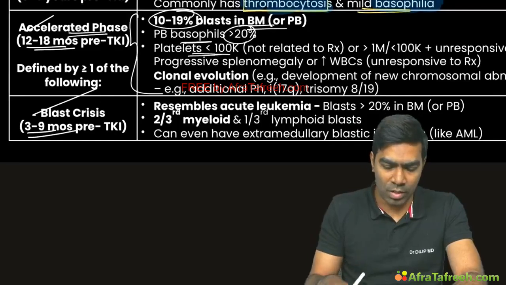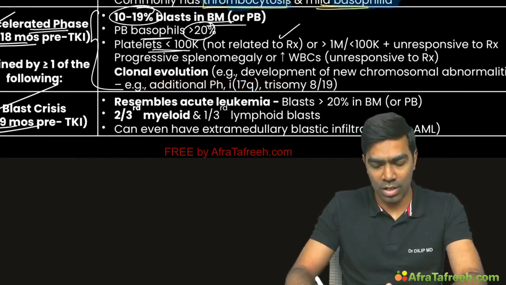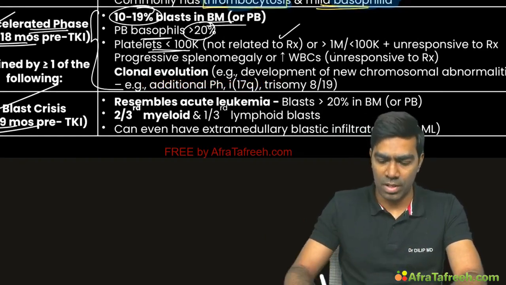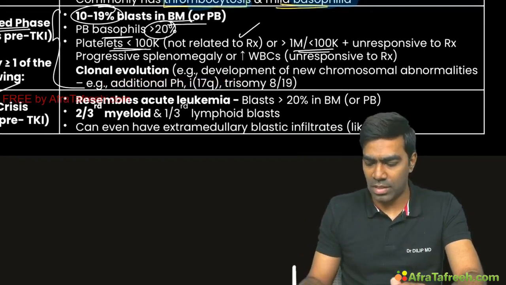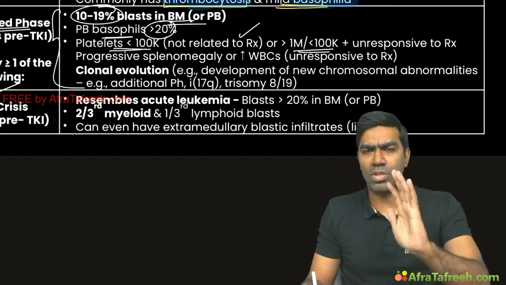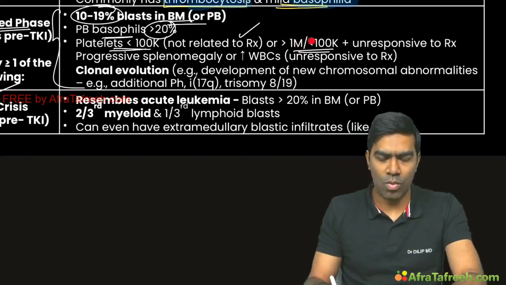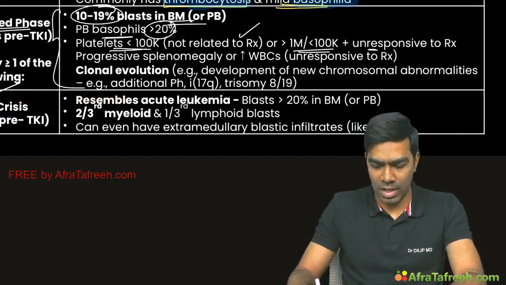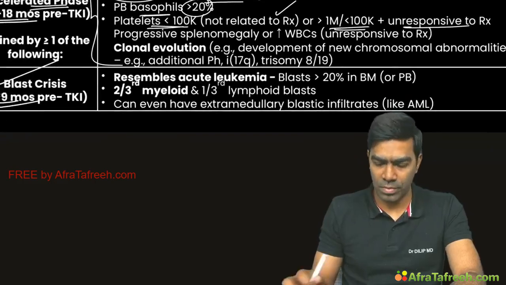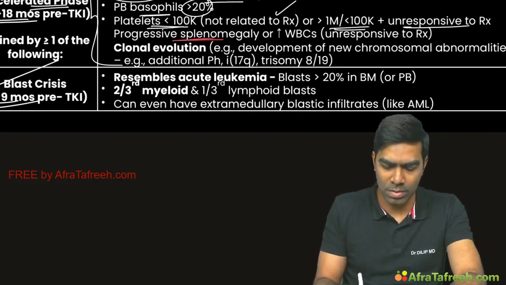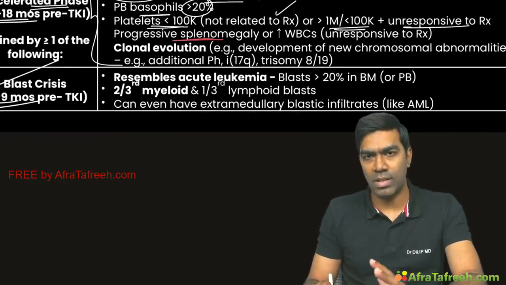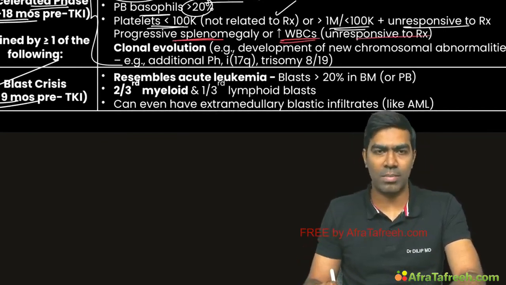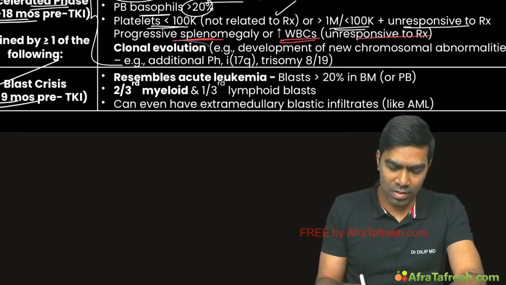Or the patient is encountering thrombocytopenia that is not related to treatment with any chemotherapy or tyrosine kinase inhibitors, or if the patient has extreme thrombocytosis, like more than 1 million, which is unresponsive to therapy, even that is accelerated phase. Or if the patient has progressive or worsening splenomegaly, or a progressive increase in the WBCs that is not responding to your standard therapy, or if the patient has evidence of clonal evolution.